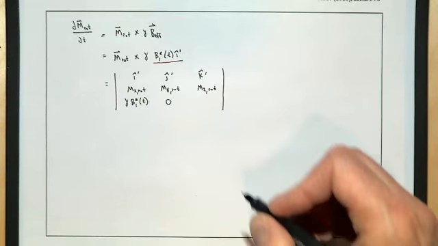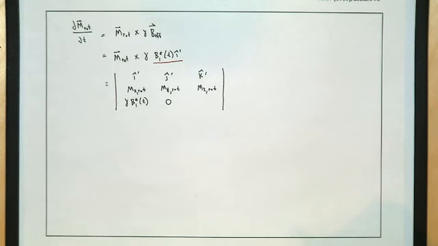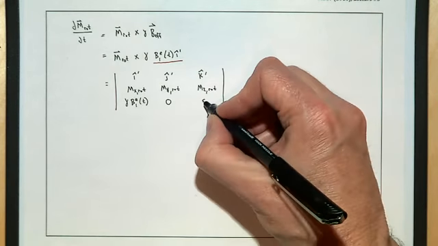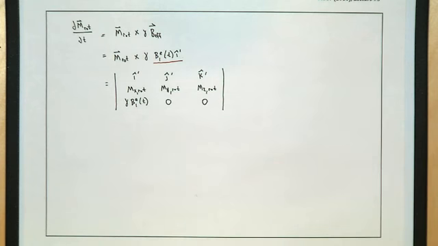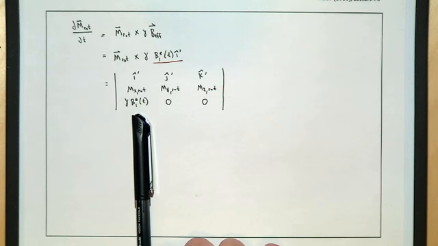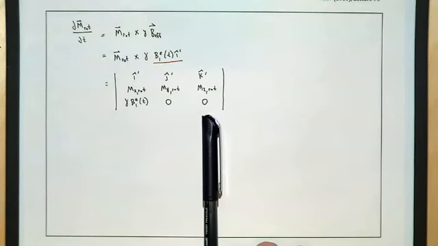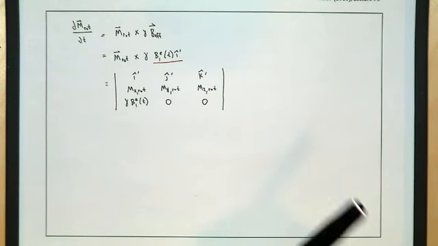And how much do I have along the K hat prime direction? 0. So this is linking back to what I said towards the beginning of the lecture. The solution here looks a lot like what we had before. The form of this determinant looks a lot like what we had before. Now we have the B1 field in the X position, whereas previously we had the B0 field in the Z position. So the solution to this isn't going to surprise you too much.